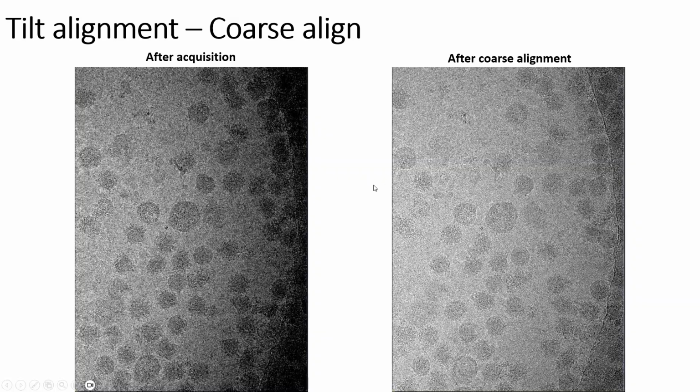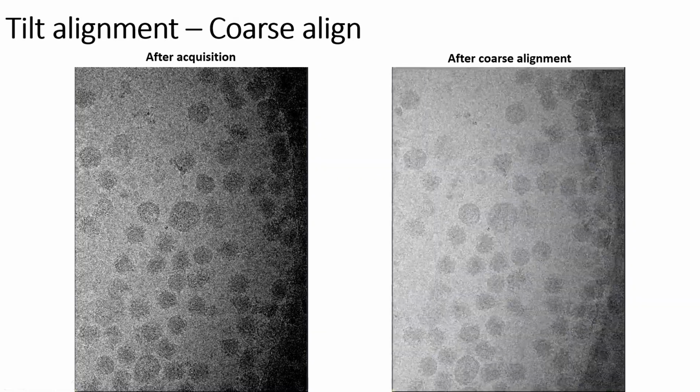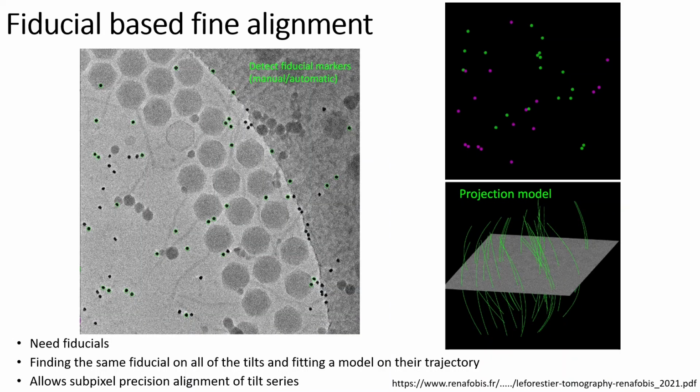What we will get after this correlative coarse alignment is nicely aligned images of tilts, that are nicely rotating along the tilt axis. Yet, as I told, this is not perfect. Therefore, we need some fiducial based alignment or fiducial model to create a perfect alignment.